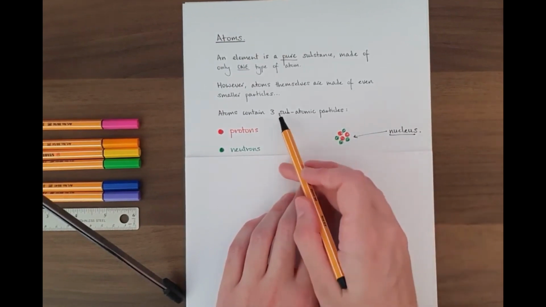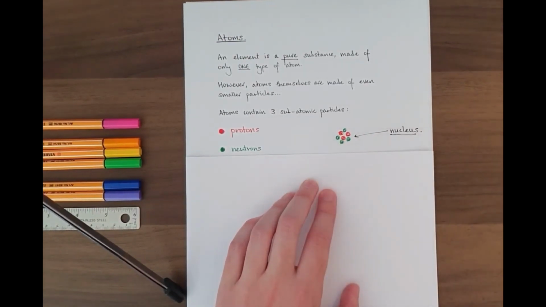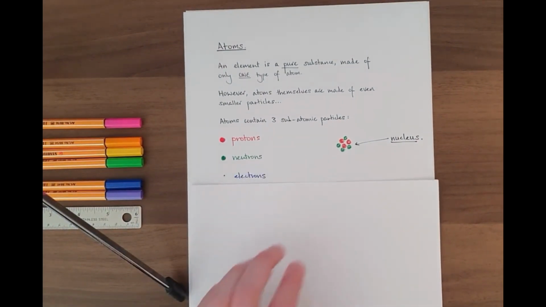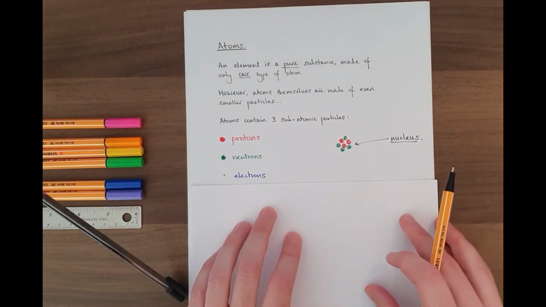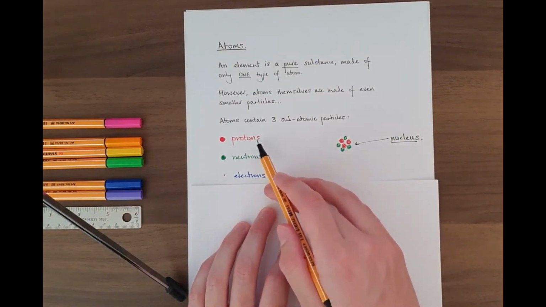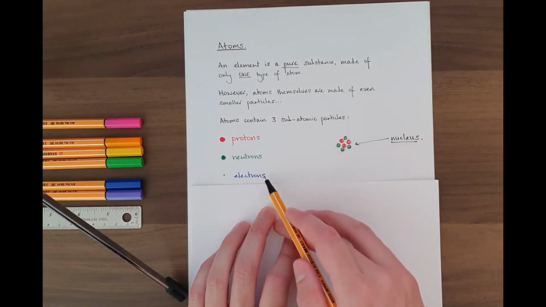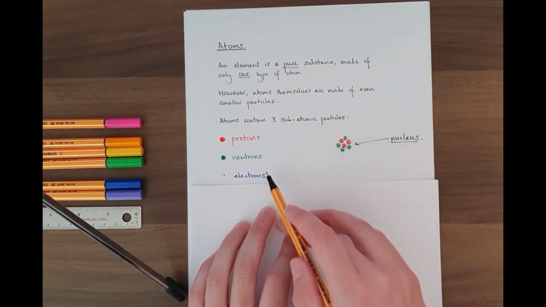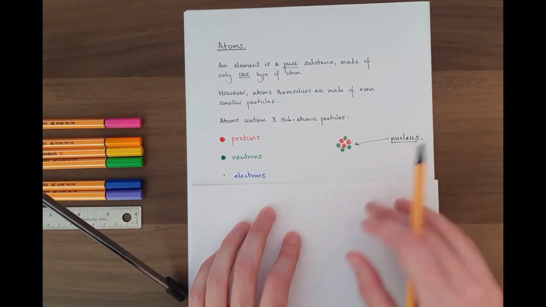However, there are 3 subatomic particles, so there is something else still to come, and that is the electrons. So what do we need to know about electrons? Electrons are kind of like the opposite of the proton. They are negatively charged. So their job is to kind of balance each other out, and that's exactly what they do in an atom, which I'll talk about in a minute.